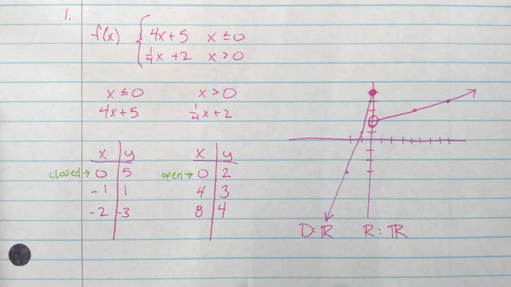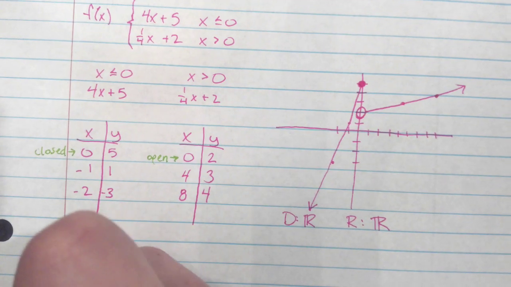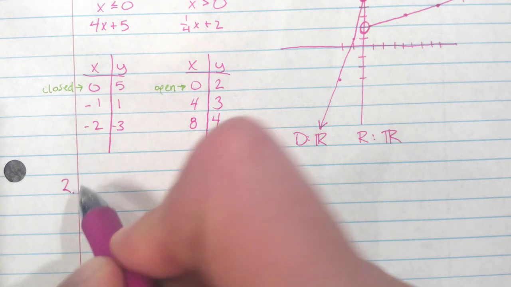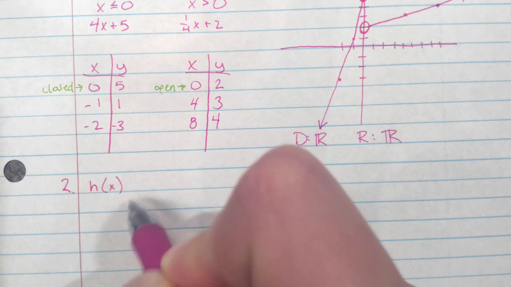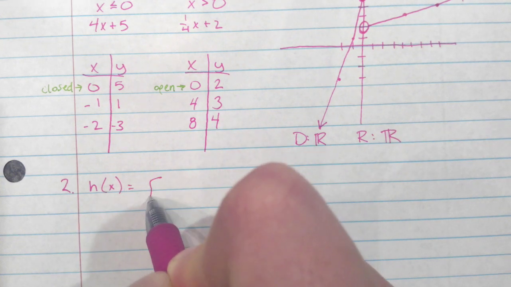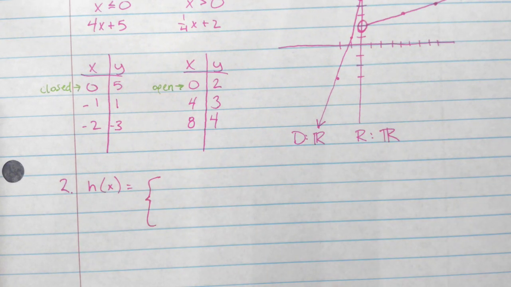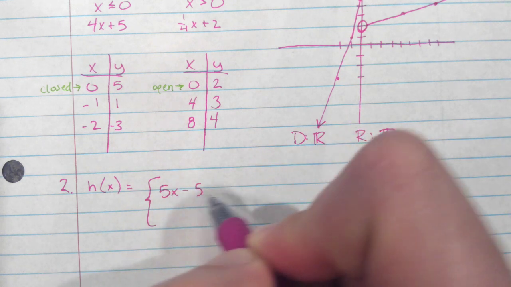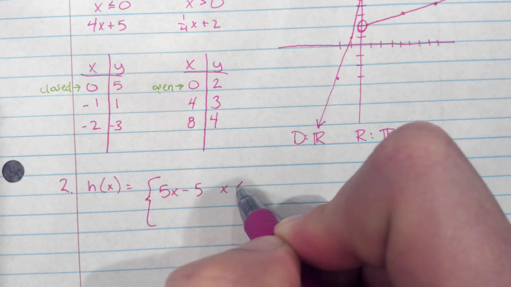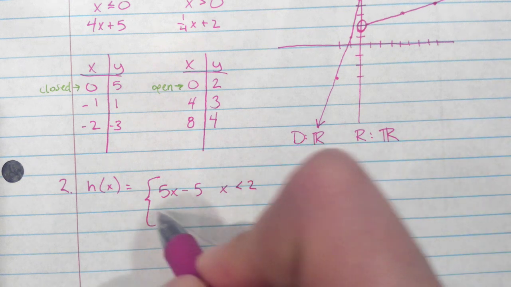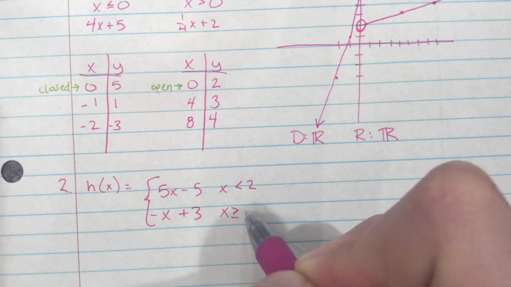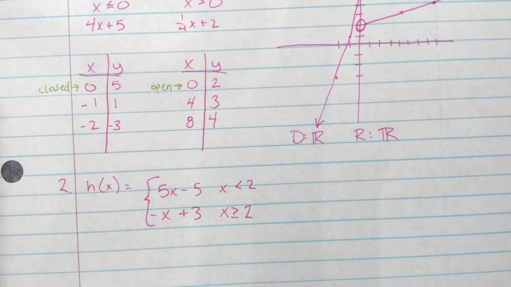Let's look at another example. We'll call it number 2. All right, this one is going to be h of x. It is 5x minus 5 when x is less than 2, and it's going to be negative x plus 3 when x is greater than or equal to 2.